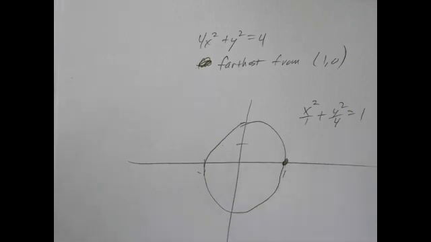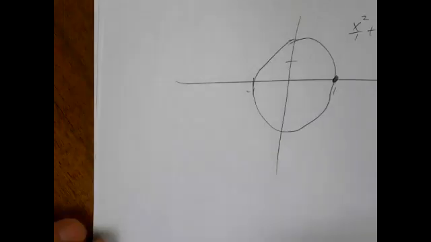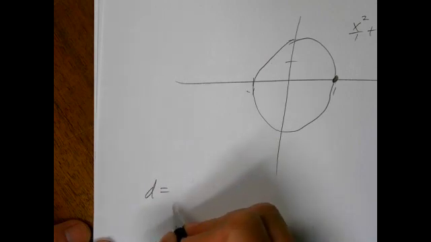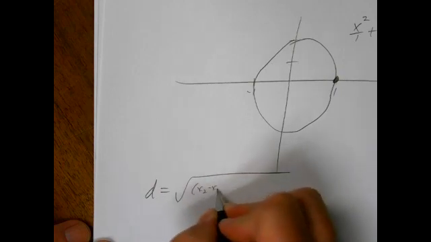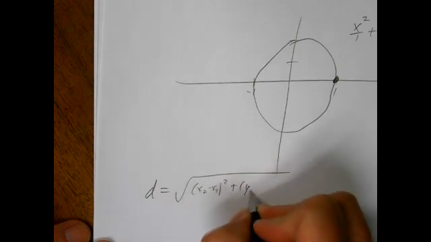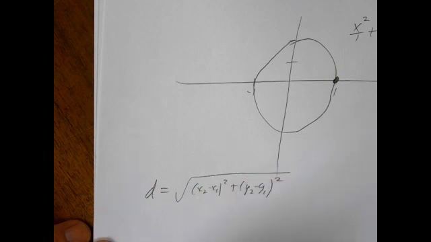All right. So what we will do is set up and make use of the distance formula. Remember, the distance formula for a couple of points on the graph says the distance from point 1 to point 2 is the square root of (x2 minus x1) squared plus (y2 minus y1) squared.